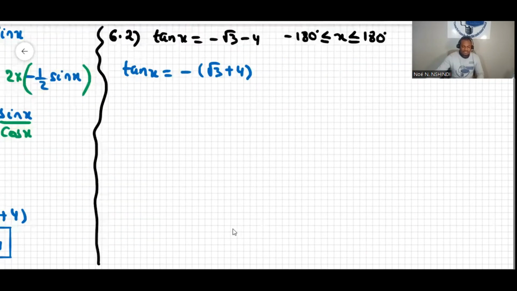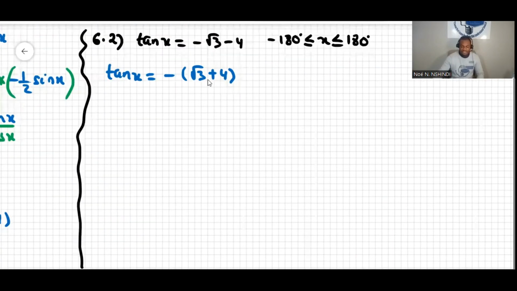Now we know that tan is negative in the SOHCAHTOA. I can draw it here. For tan, for instance, tan is negative only on the second and fourth quadrants. So let's first work out in the second quadrant.